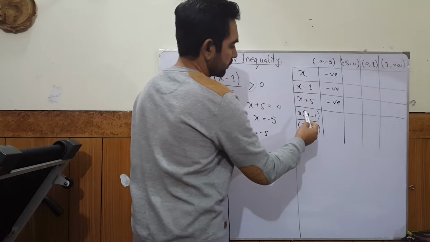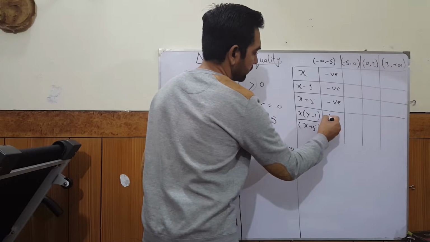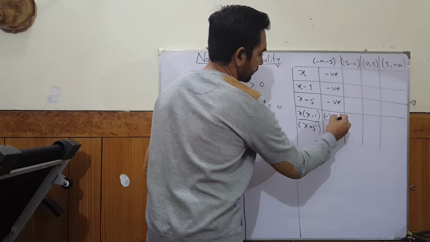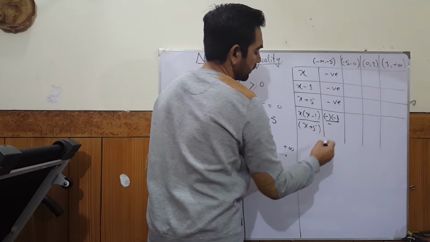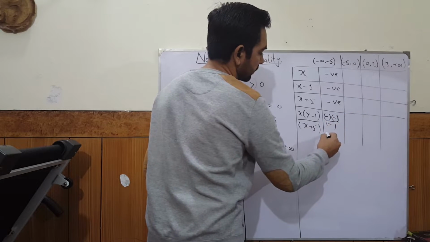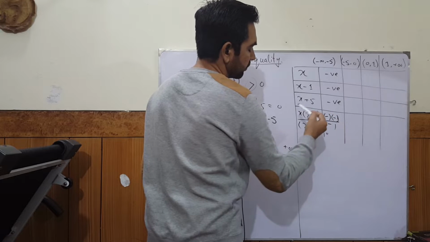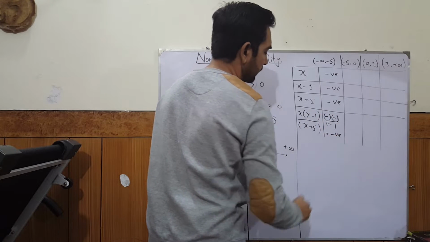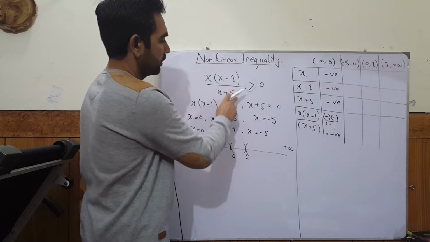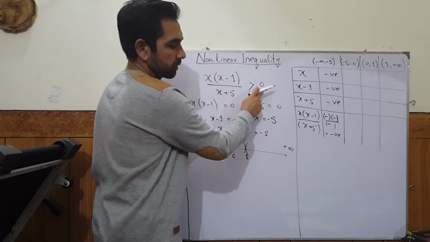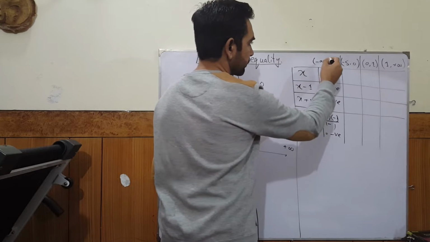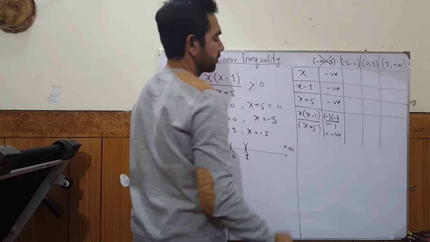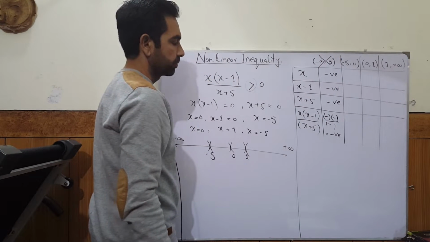Now, minus into minus divided by minus: minus into minus is plus, and divided by minus is again negative. The inequality says that it has to be positive, greater than 0. It means this interval is not included.